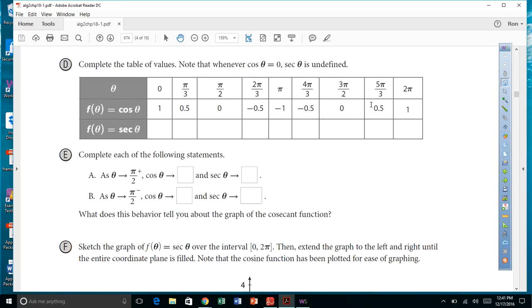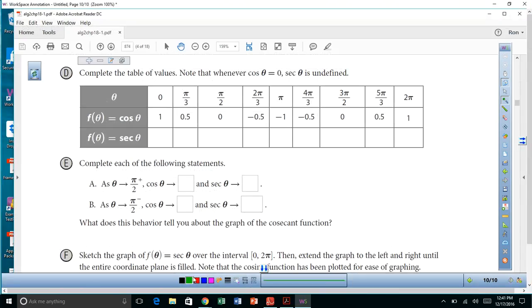Complete the table of values. Note that whenever cosine theta equals 0, secant theta is undefined. All right, so secant is going to be 1. Let me get my drawing. And let's do this one here in blue. So that's going to be 1. That's going to be 2.